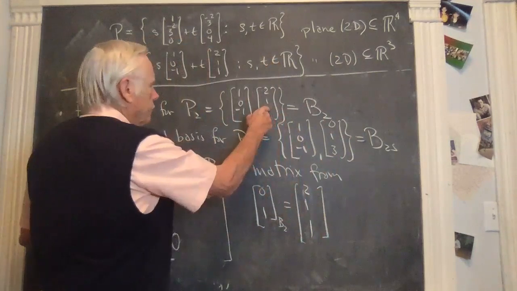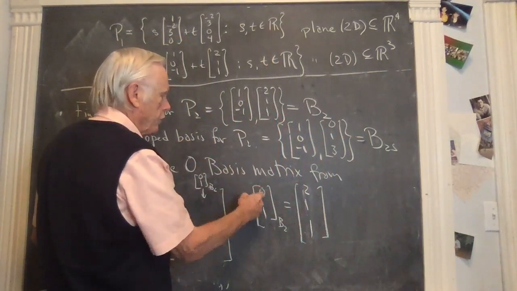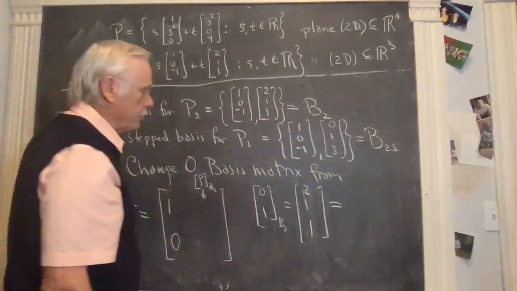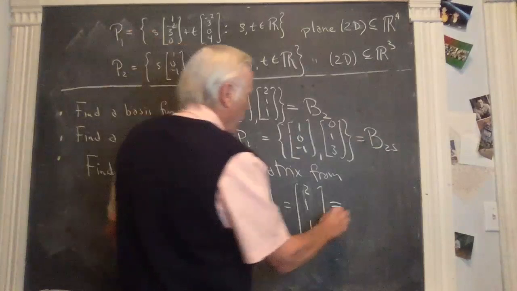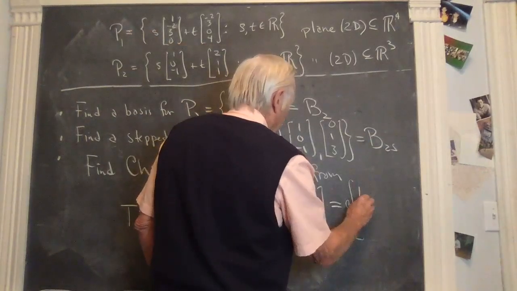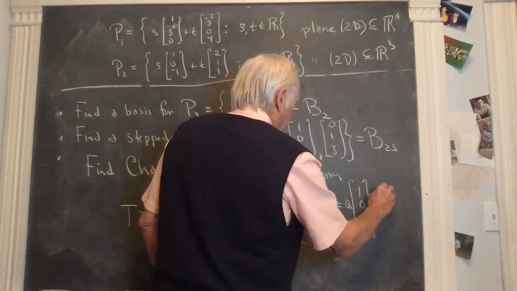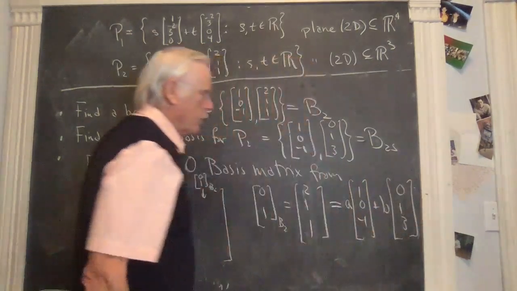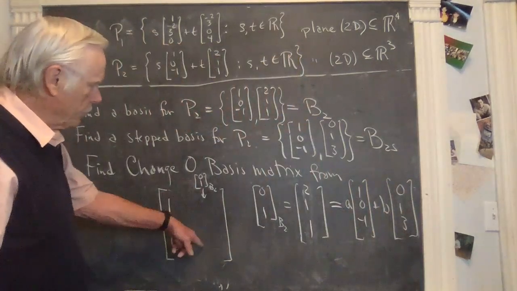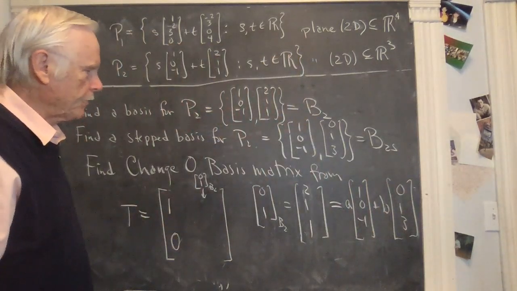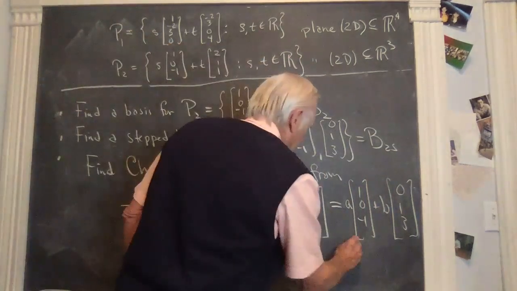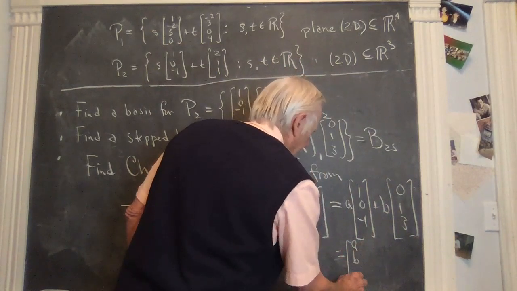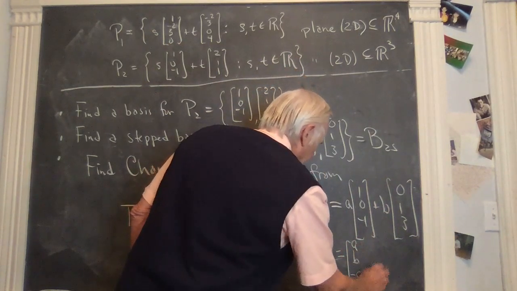The second basis vector from B2, none of the first, one of the second, just means the second. So this is standard notation, but in 3 dimensions. And you want to write that as something times 1, 0, minus 1, plus something else times 0, 1, 3. And the A and the B are what are going to go into the columns of this matrix. And if you write this out, you get A, B, and minus A plus 3B.